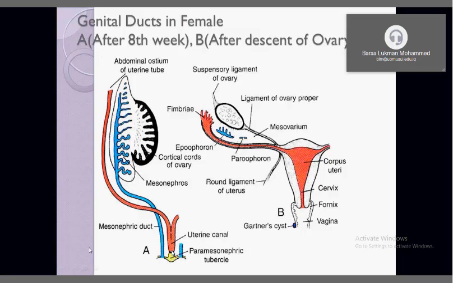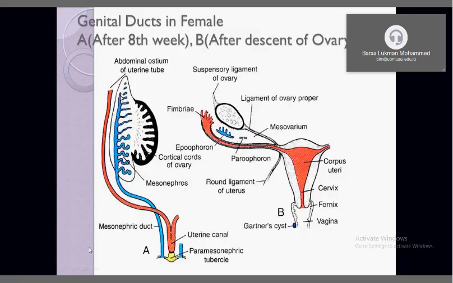At the distal part, they fuse to form a Mullerian tubercle which joins the urogenital sinus. So these two Mullerian ducts will form the fallopian tube, whose proximal part opens into the peritoneal cavity through the fimbria. They also form the uterus, the cervix, and the upper part of the vagina.